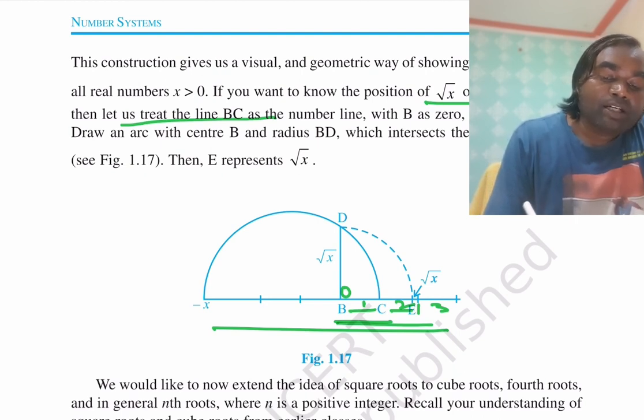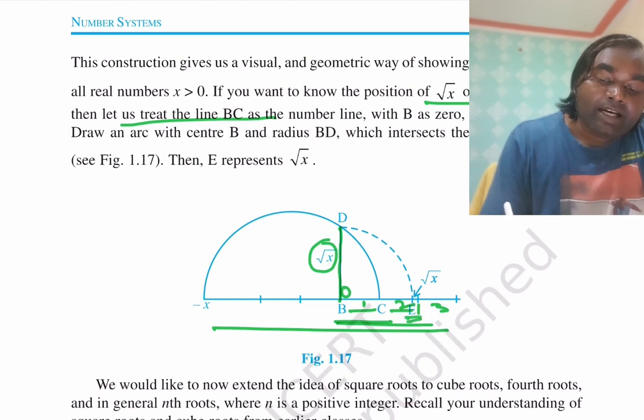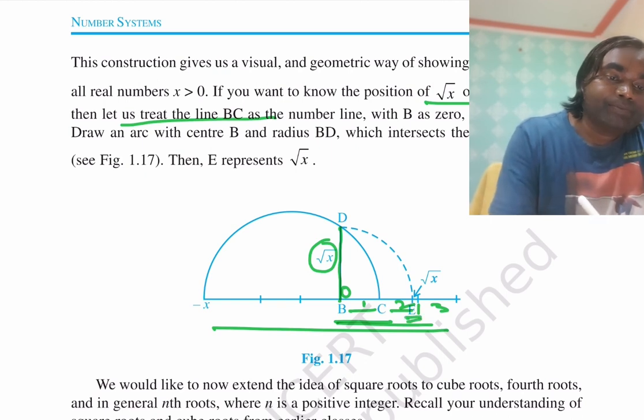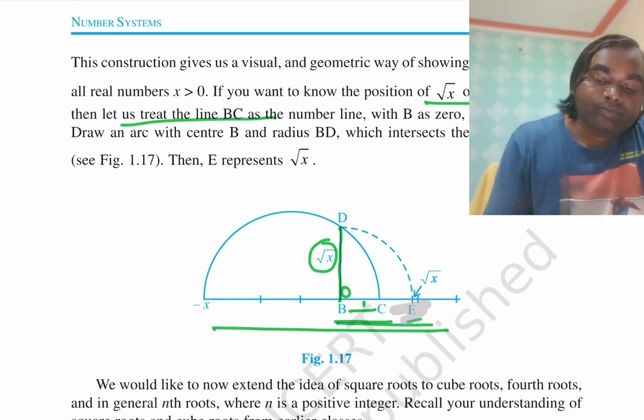Firstly we found the value of square root x by geometry, so we get the BD value, that is square root x. Now by taking B as the center, we draw an arc on the real number line, and that arc will cut at point E, right?